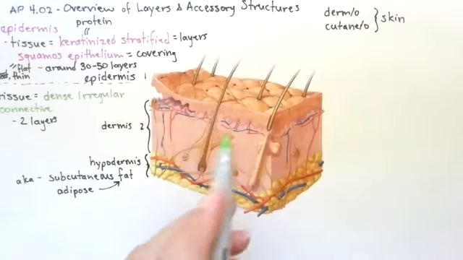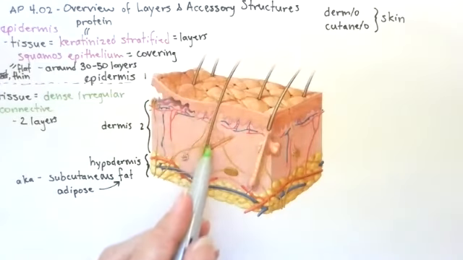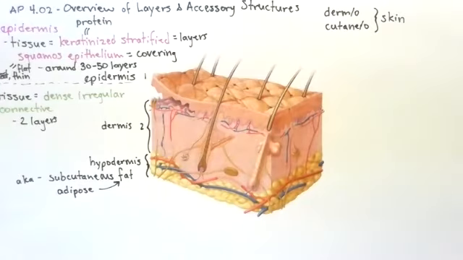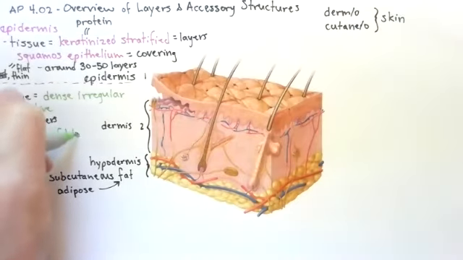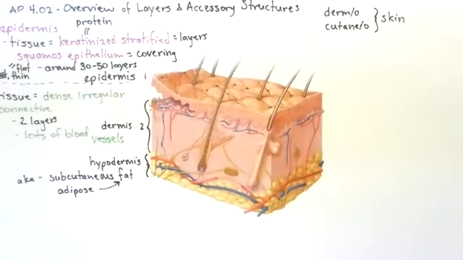Also, take a second and look at the epidermis and look at the dermis. In addition to all of these accessory structures, do you notice something else about the dermis? It has lots of blood vessels. Look at the epidermis. Does the epidermis have blood vessels?